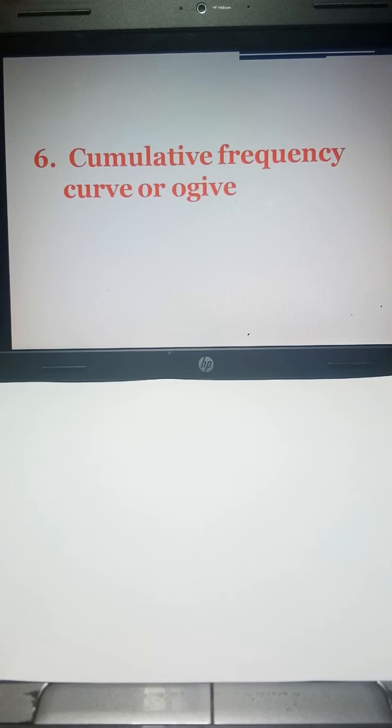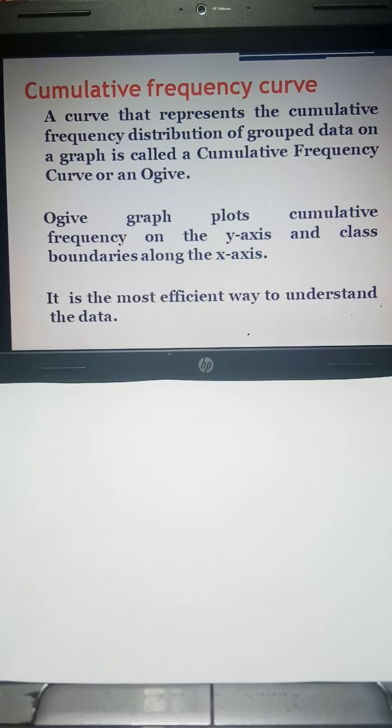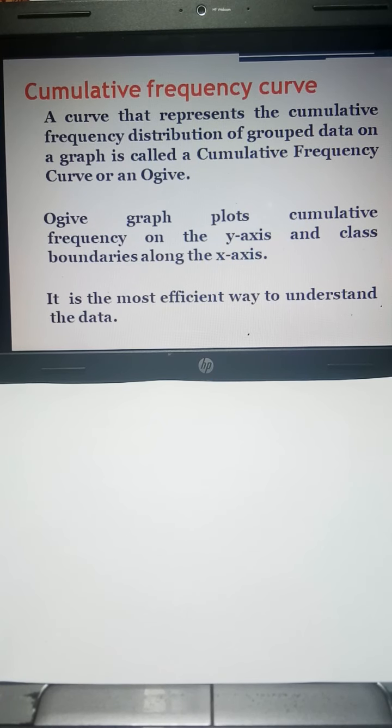Then the next method is the cumulative frequency curve or ogive. A curve that represents the cumulative frequency distribution of grouped data on a graph is called the cumulative frequency curve or ogive. If you remember what the cumulative frequency distribution is, then it is very easy to draw the cumulative frequency curve.